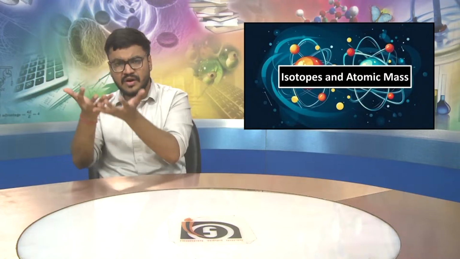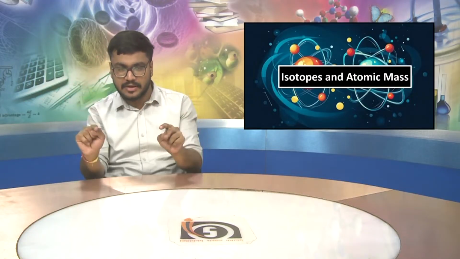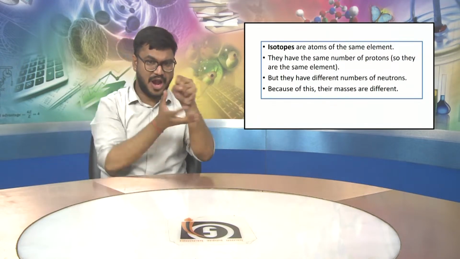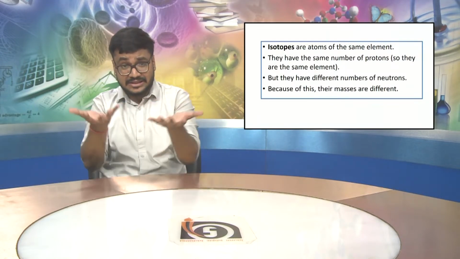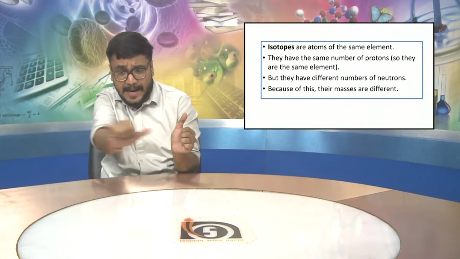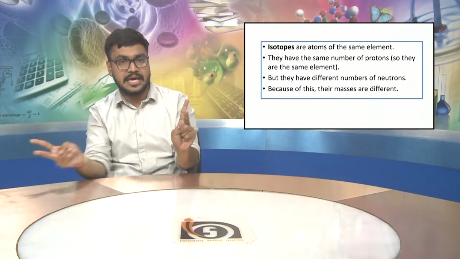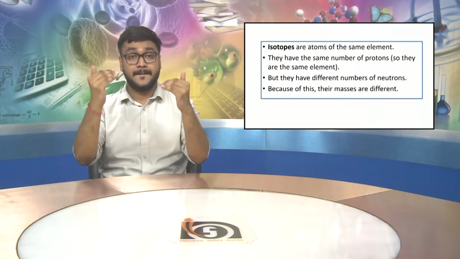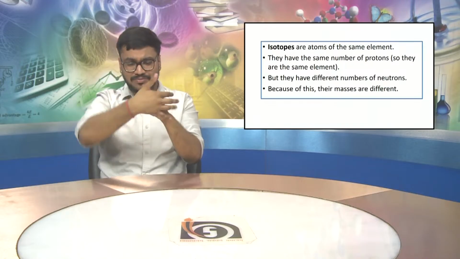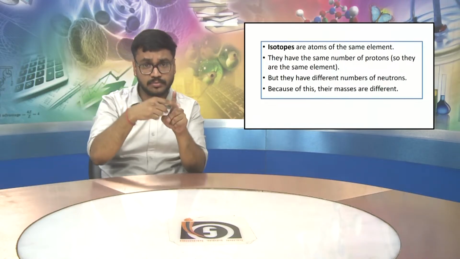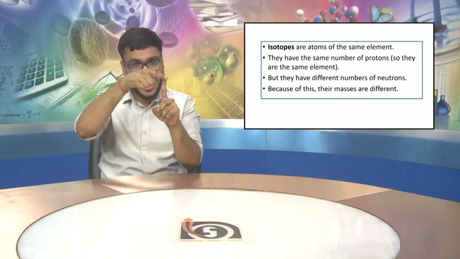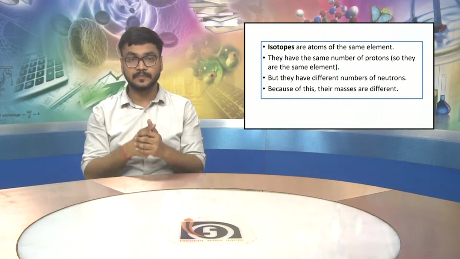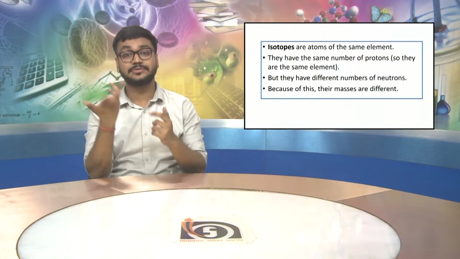Now we will start our next topic, which is isotopes and atomic masses. Isotopes are atoms of the same element. They have the same number of protons, so they are the same elements. But they have different numbers of neutrons. Because of this, their masses are also different.